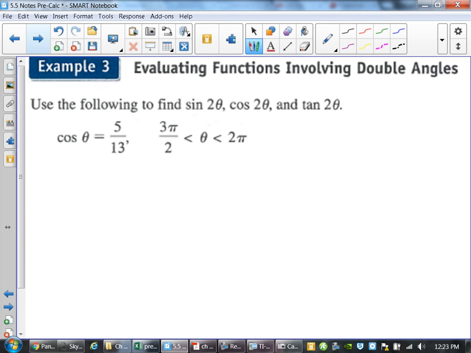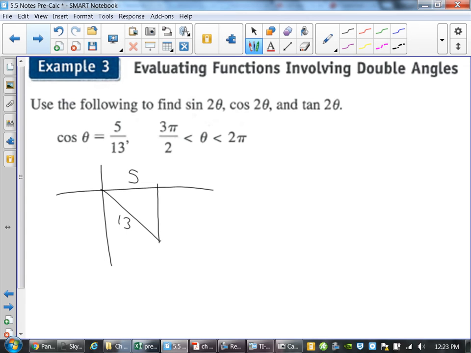So what we're going to do here is we're given the cosine of theta is 5/13, and we're going to place it into quadrant 4. So what we want to do is, there's my cosine value. We okay with that?